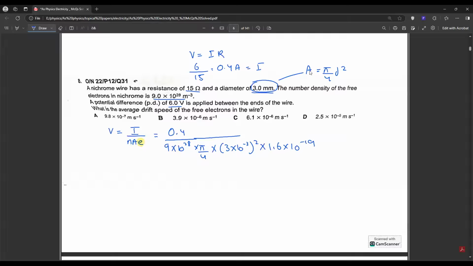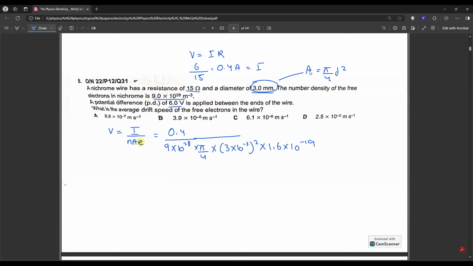Let's calculate the final answer. 9 into 10 raised to the power of 28 into pi divided by 4 into 3 into 10 raised to the power of minus 3, and take a whole square here. Perfect.